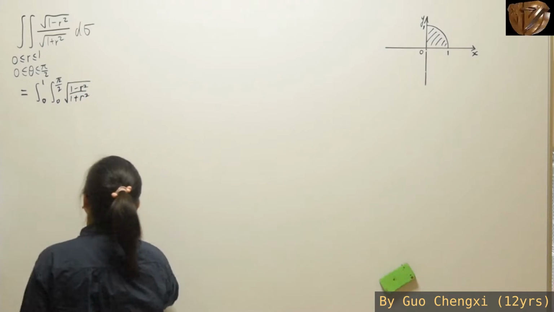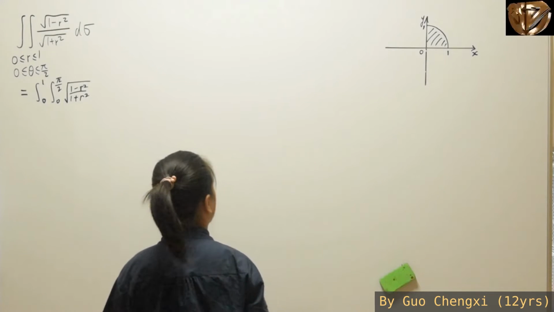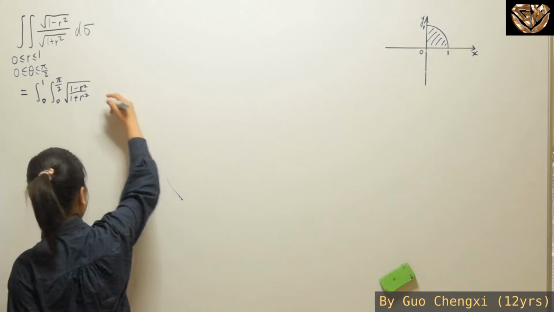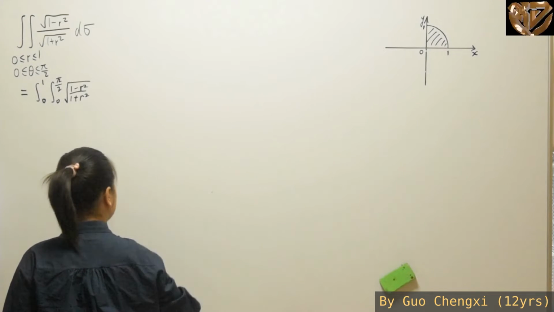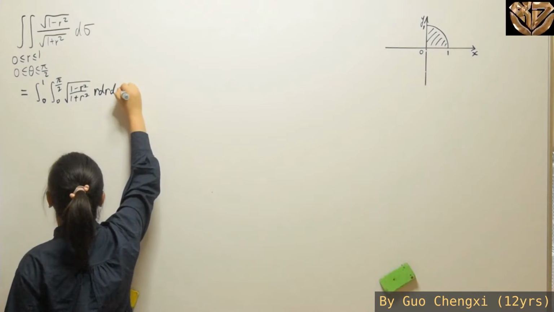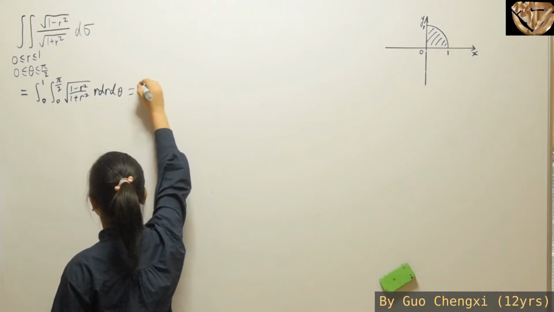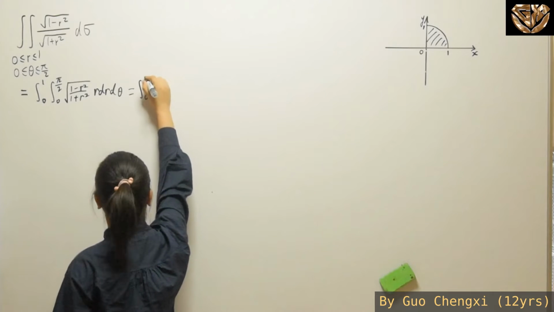Okay, so what is d sigma? So over here we're using polar coordinates for a quarter circle and all, right? So it'll be r dr d theta. So that shows that for now we can already integrate what theta is equal to.